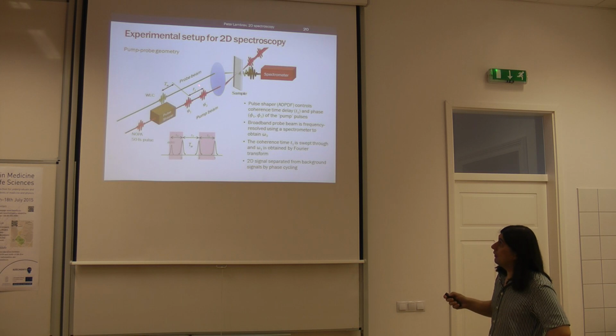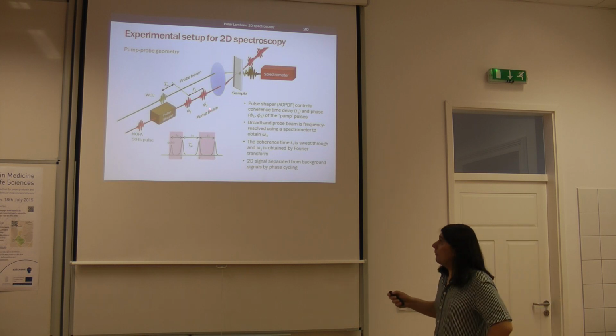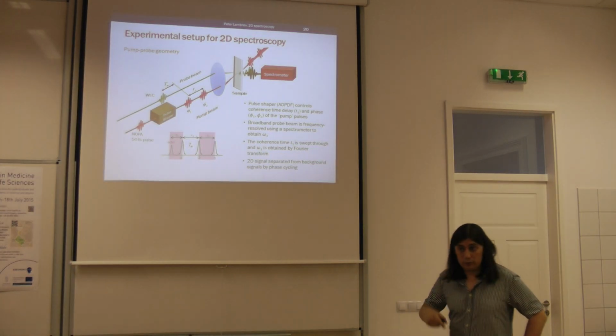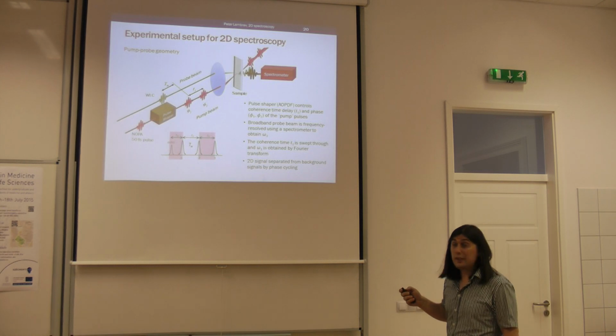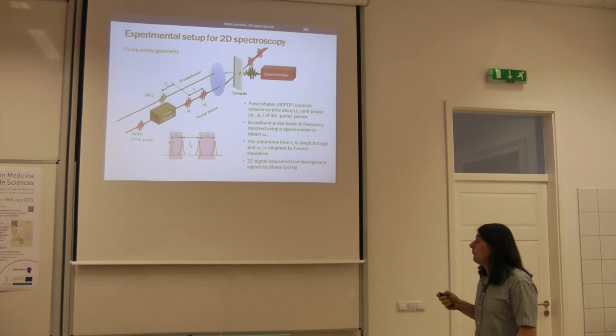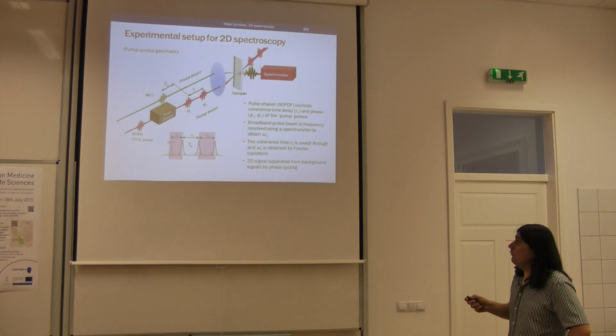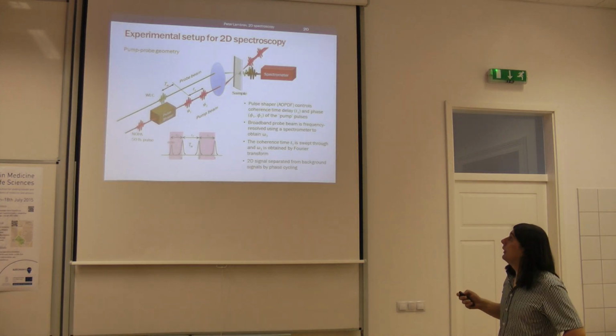We can program the delay between them, and we can program the phase of the pulses. You know, light has also phase. We need that. And then we have a two-dimensional spectrometer.